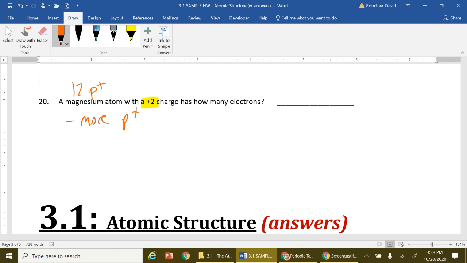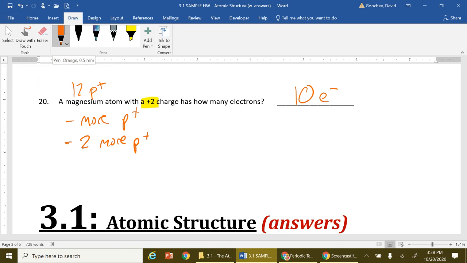How many more protons does it have than electrons? It has 2 more protons. So it's got 2 more protons than it has electrons. If it's got 12 protons, that means that 12 is 2 more than 10.